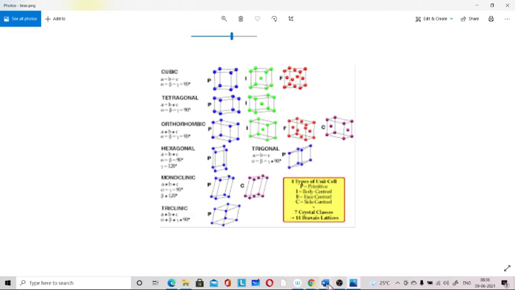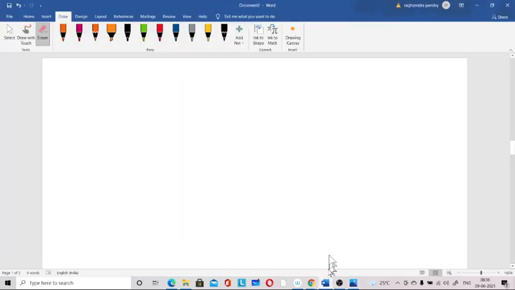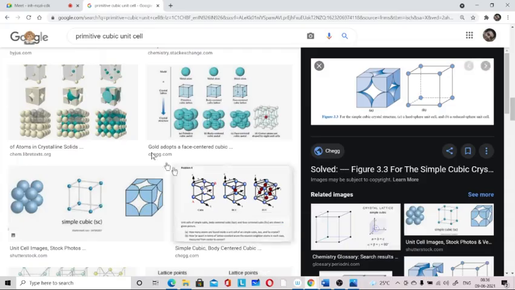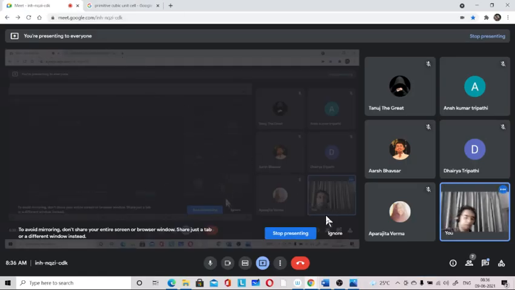Okay, body center. But before doing the body center, please tell me what is the C3 axis. See in the previous PDF, please see that. What is the C3 axis?